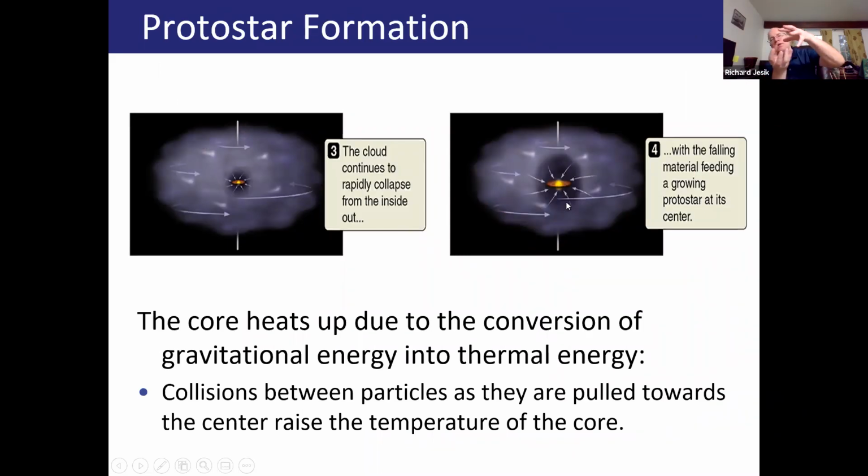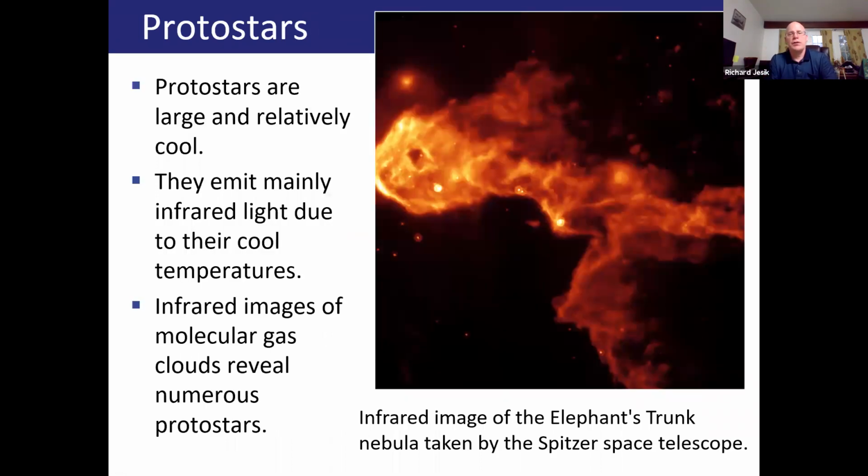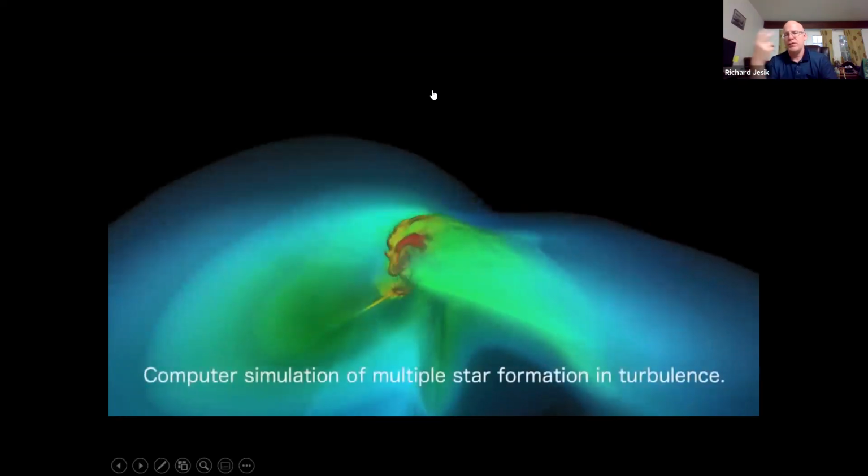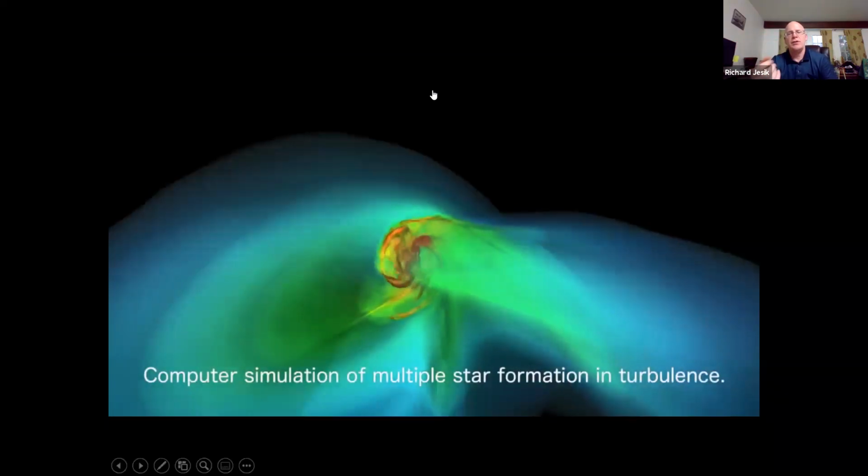We'll get the meatball in the pizza. It's much more dense than the disk, and it's getting hotter and hotter. It's what's called a protostar. Here are some infrared images of protostars in another nebula. We can see these are the baby stars being born. We can simulate that by knowing all of the laws of physics and gravity and gases.